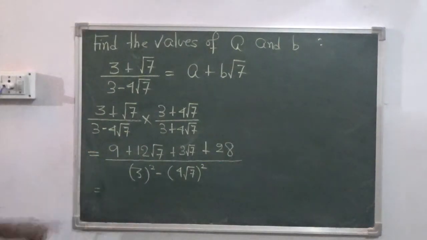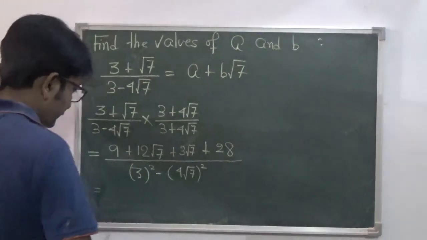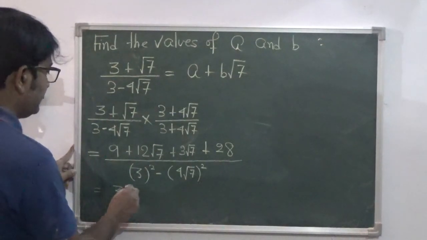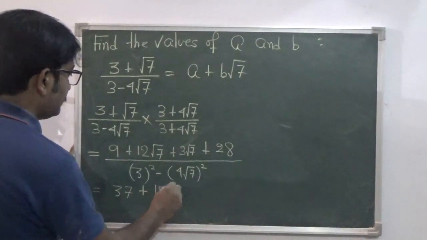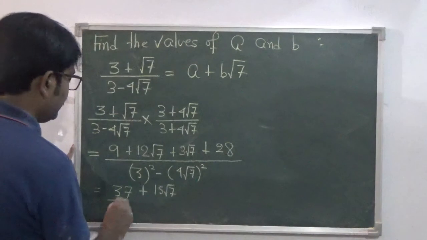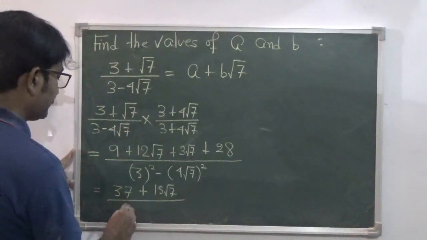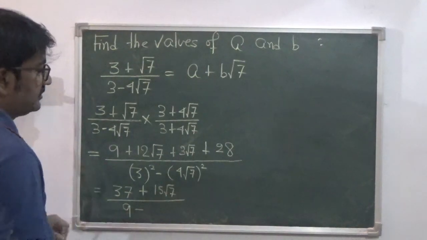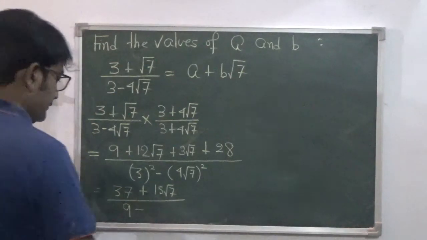So what is coming in the numerator is 28, 37. So it is 37 plus 15 root 7 divided by 9 minus 16 into 7. So it is 112.